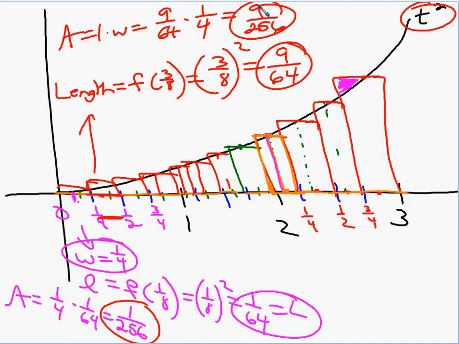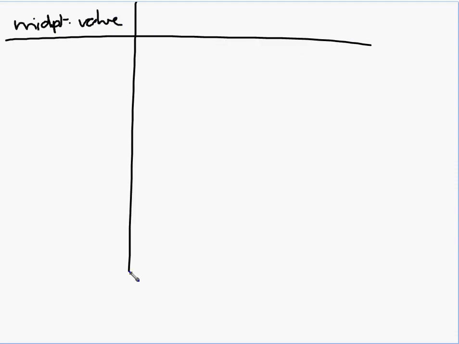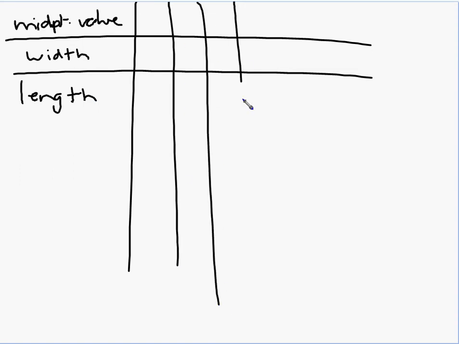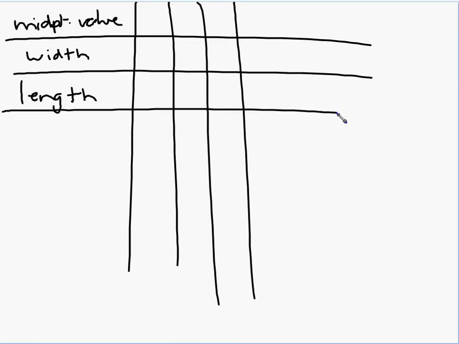Okay? So obviously, organizing your work would be important, right? So it might work better to make a little chart. Midpoint value, width, and length, and make yourself a little chart, and then down here we'll have the area.